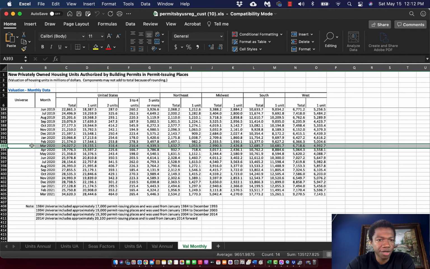Yeah, so we can essentially see that month over month and year over year, the permit spend is definitely on the rise. And so again, this is an indication of a strong and growing real estate market.